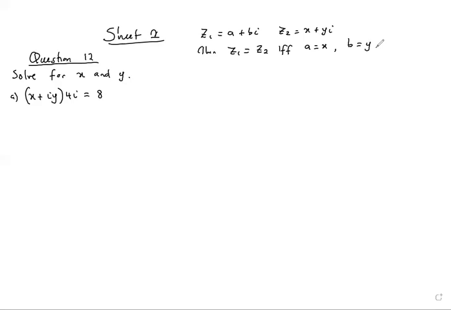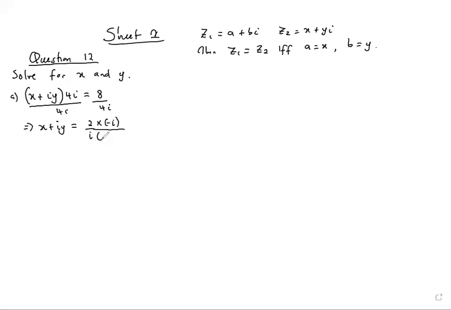So in this case, you are solving for x and y. So you just divide by 4i, then we'll get x plus iy is equal to 2 over i. Then you conjugate the right. So you multiply by negative i.